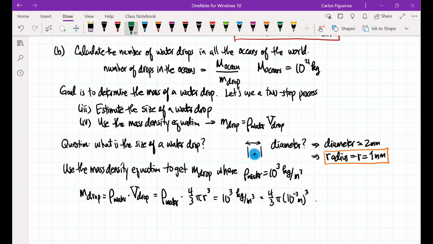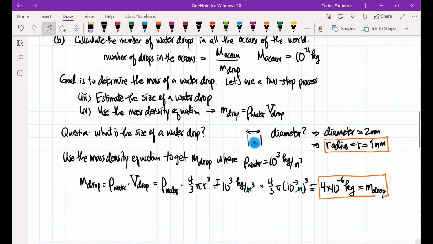And you could see that one I have in the numerator, one I have in the denominator, and they cancel out. If you compute this number, I get approximately 4 times 10 to the minus 6 kilograms for the mass of a single drop. So now I have my mass.